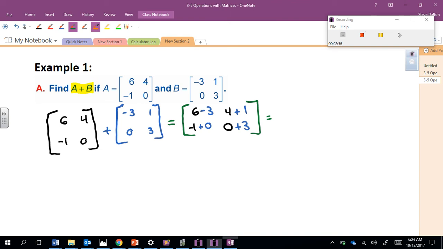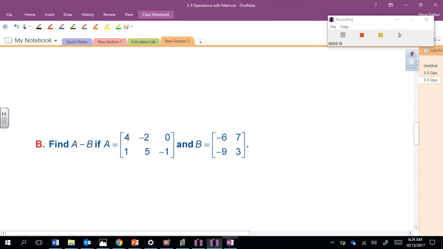So that simplifies our matrix to be 3, 5, negative 1, and 3. Pretty straightforward. Again, when adding and subtracting, all you do is add and subtract corresponding elements.